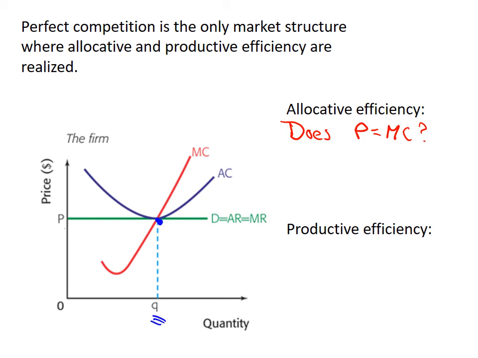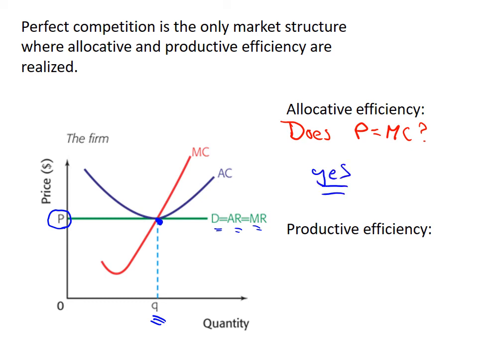And here's the price being charged. You know it's the price because it's also part of this demand curve, average revenue and marginal revenue. So the price does indeed, at this quantity, equal marginal cost. So the answer is yes.